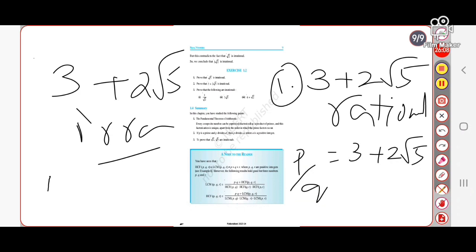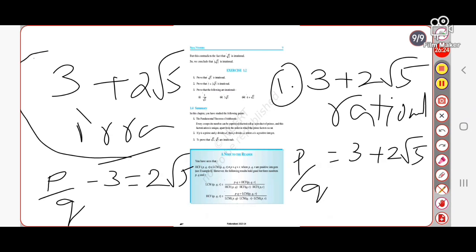p by q is equal to 3 plus 2 root 5. Now we need to bring this 3 to this side. p by q minus 3 is equal to 2 root 5. Okay, see, first step, this is the thing which is to be proven.